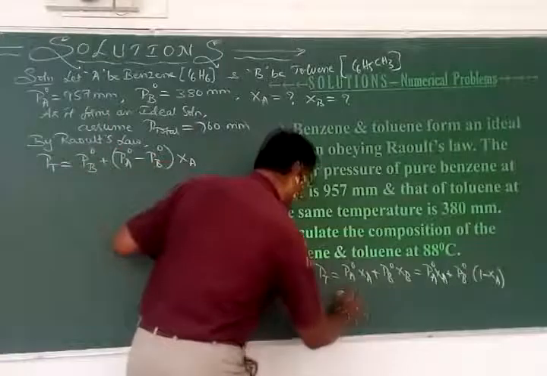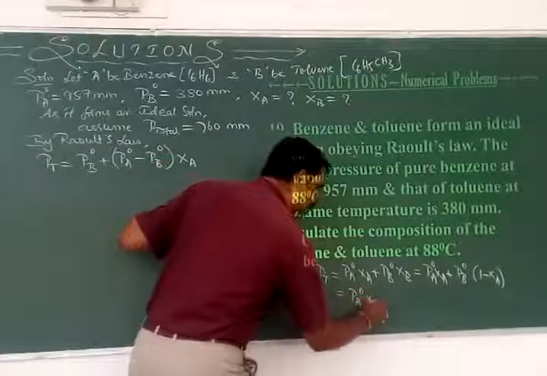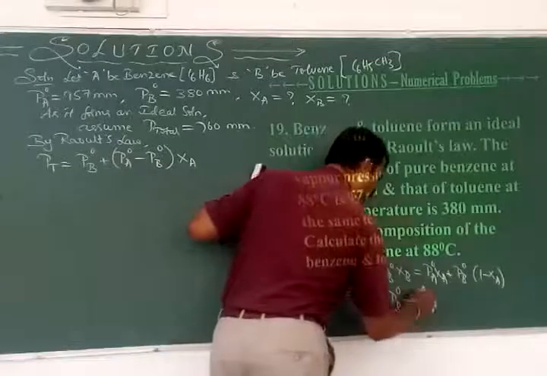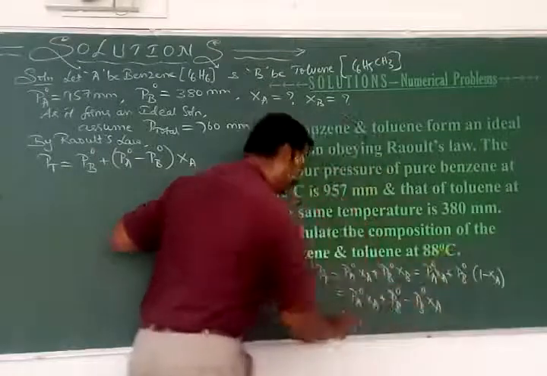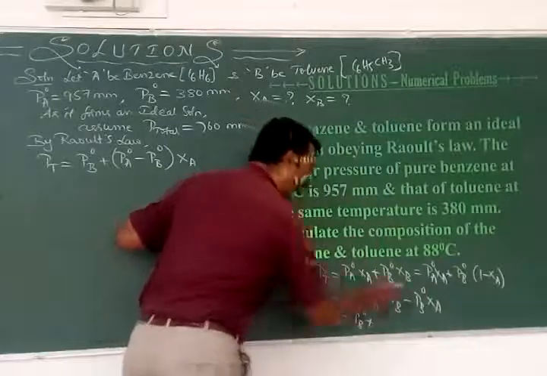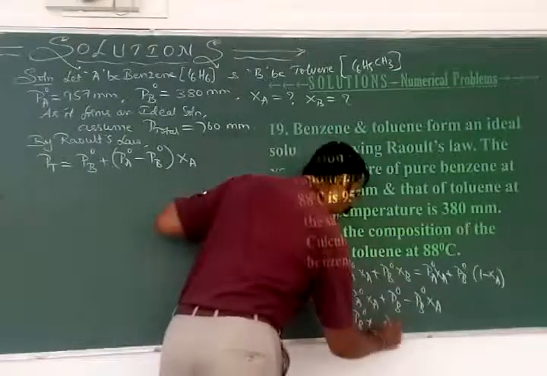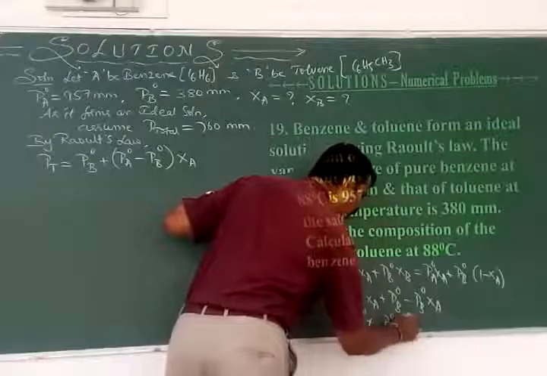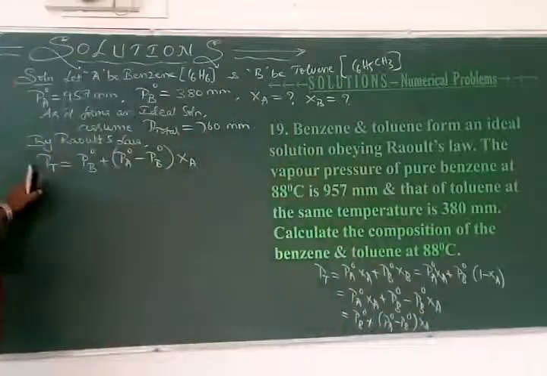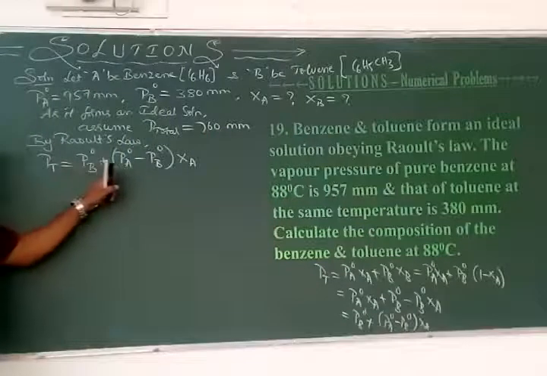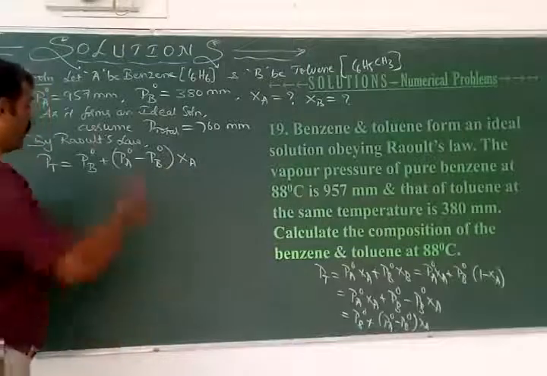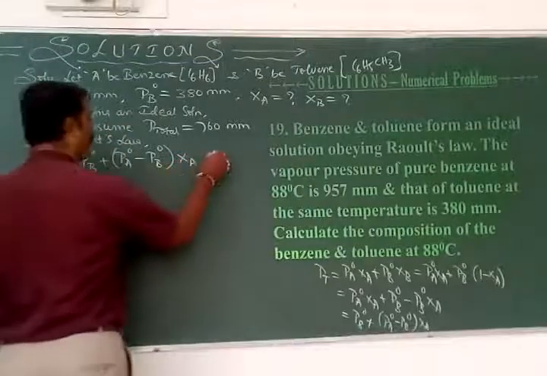That is PA naught into XA plus PB naught minus PB naught into XA. XA is common, so first I write PB naught plus PA naught minus PB naught into XA. Directly, P total is equal to PB naught plus PA naught minus PB naught into XA.